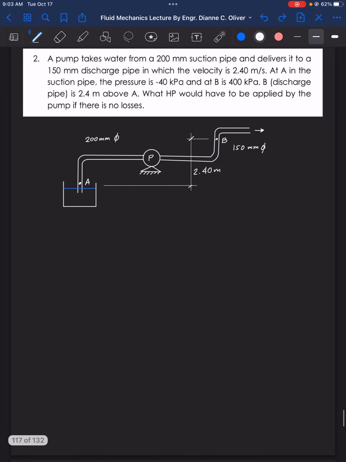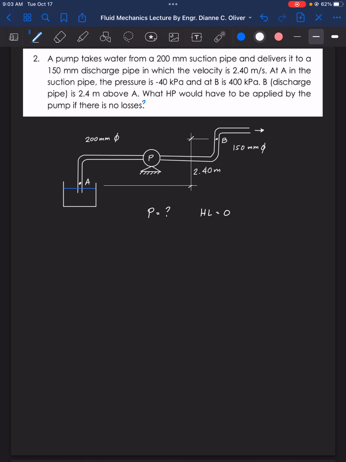So what are we looking for here? What horsepower would have to be applied by the pump if there is no losses? So we're looking for power, so P is unknown. And the head loss here is equal to 0.